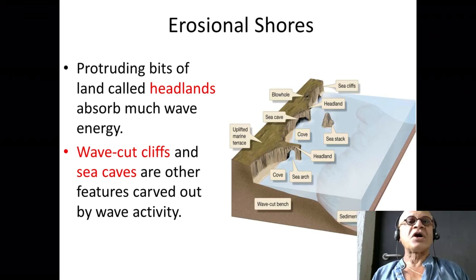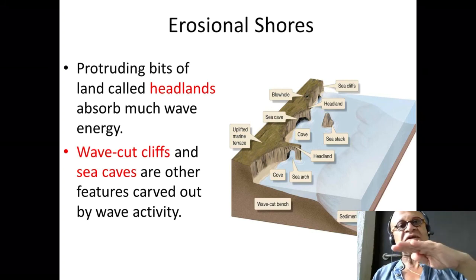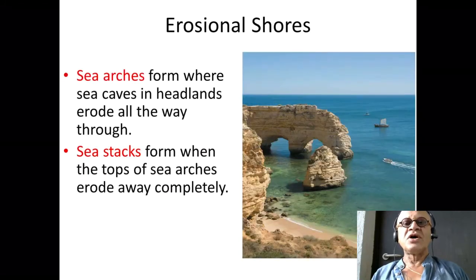Of course, wave cut benches, which basically means constant deposition of wave energy has eroded the nice sandy part and has left just a rocky bench at the bottom. So these are the typical features.